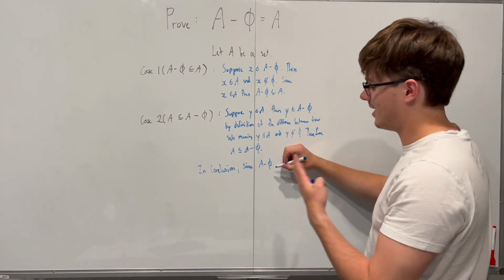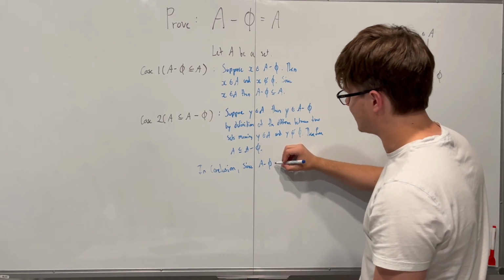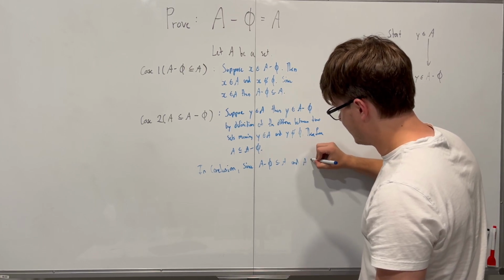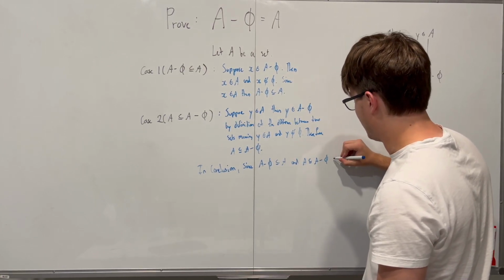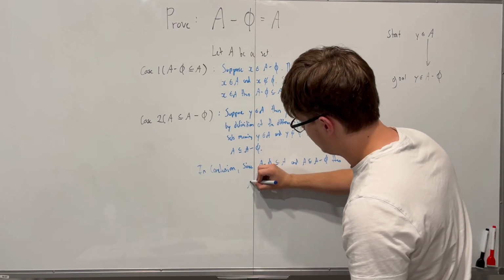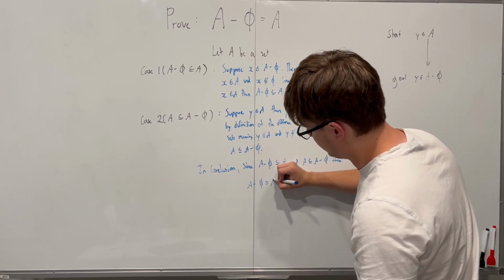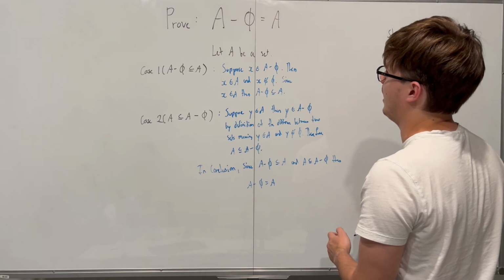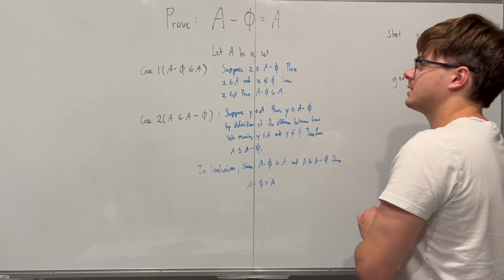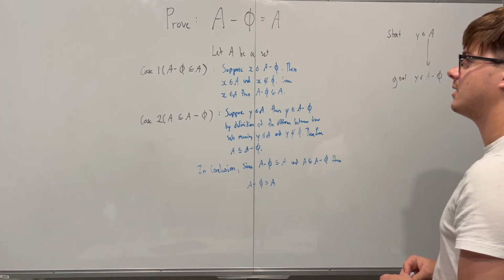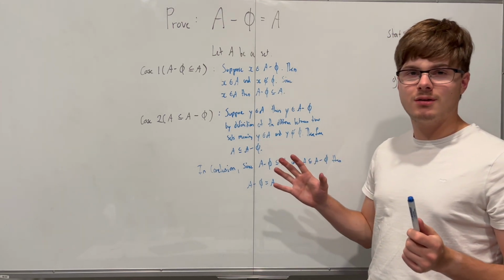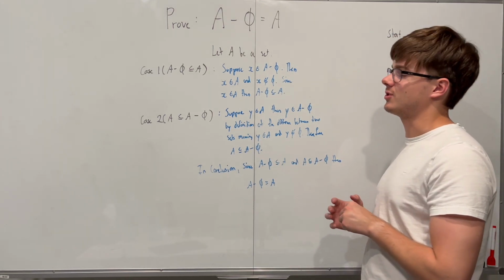I keep trying to say theta because physics, but it's the empty set. If A minus the empty set is a subset of A, and A is a subset of A minus the empty set, then A minus the empty set is equal to A. Yeah, I think that makes sense. Okay, so we seem to have gotten it. This seems to prove the statement is true. Fantastic.